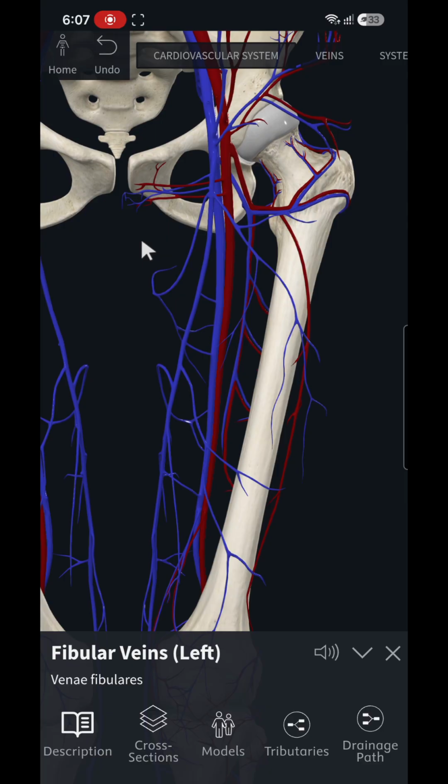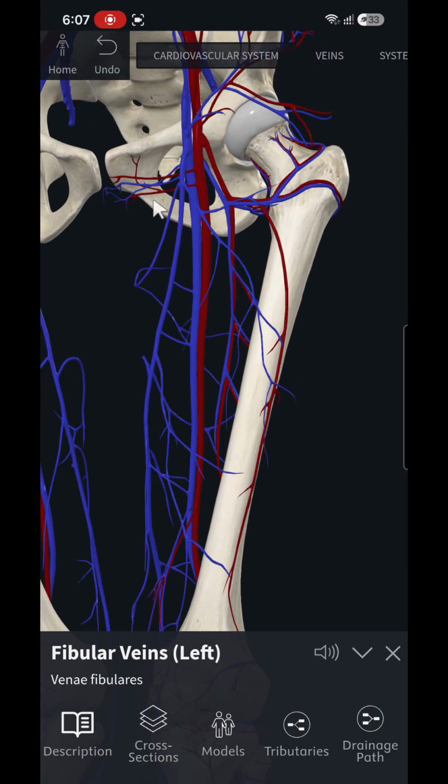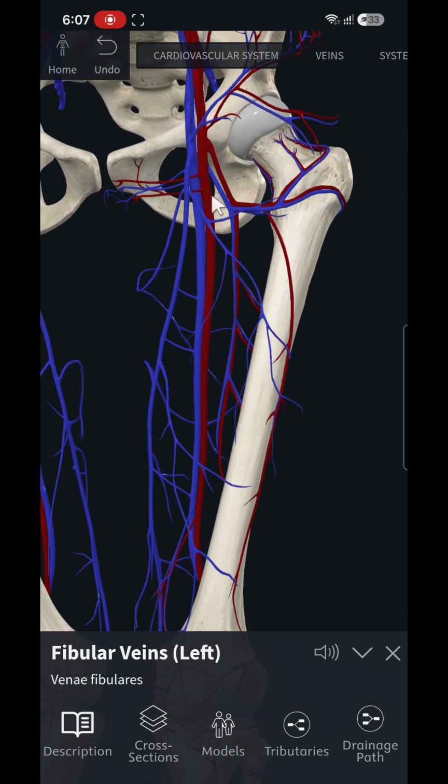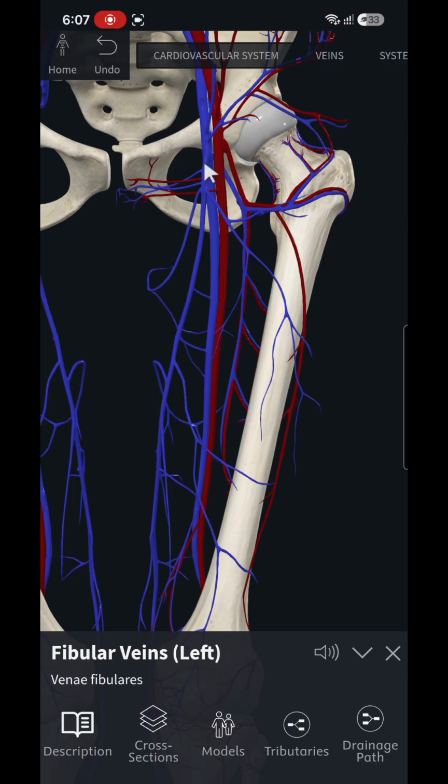Okay, so here we start at the inguinal ligament, right, and then we place our probe TS, or transverse section, right, and then we can see here the femoral confluence, right here, where the deep vein and the great saphenous vein pour into, or drain into, the femoral vein. Okay.